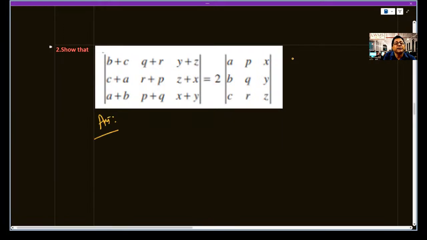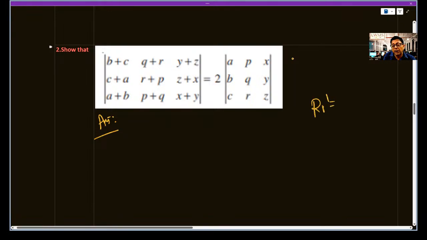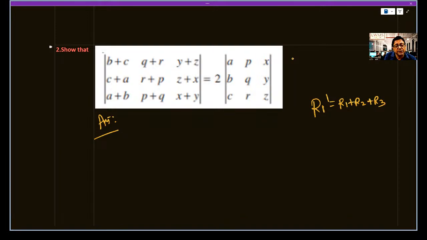So start in this manner. What we'll do here is add the second and third rows to the first row. R1 dash equal to R1 plus R2 plus R3. Let us do it.